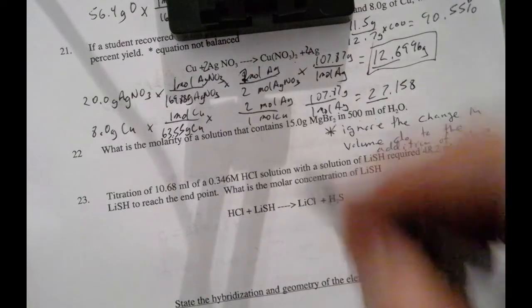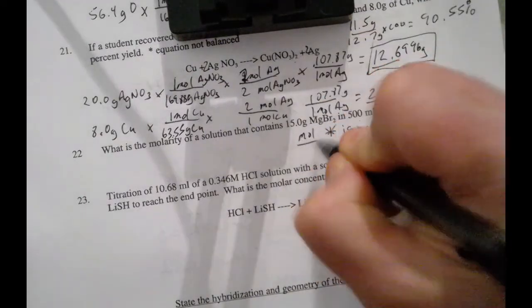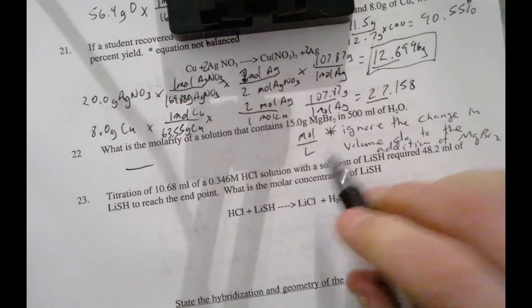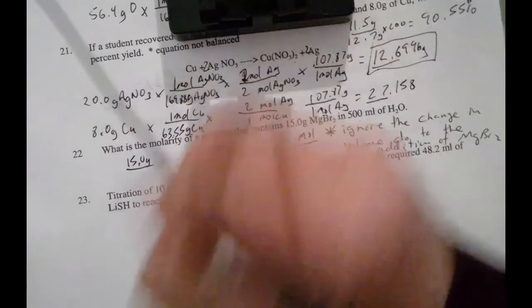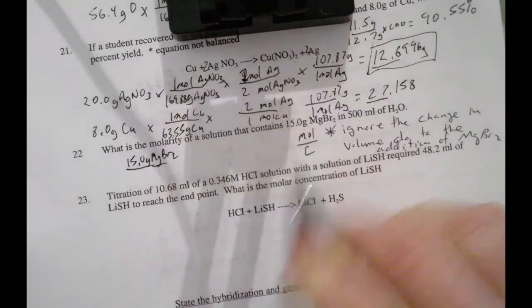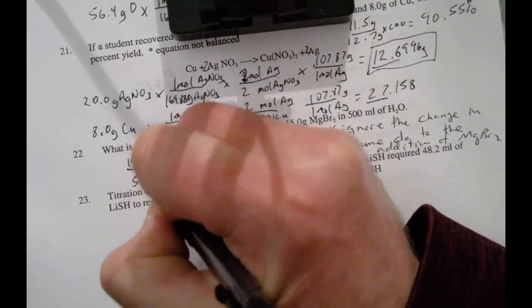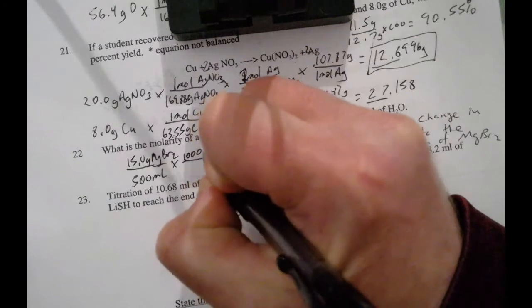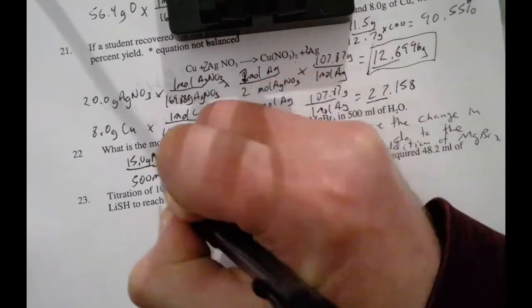So molarity is moles over liters. We know 15.0 grams of magnesium bromide can get us to moles, and we know that 500 milliliters can get us to liters. I'm going to do every 1,000 milliliters is 1 liter to get rid of the milliliters.